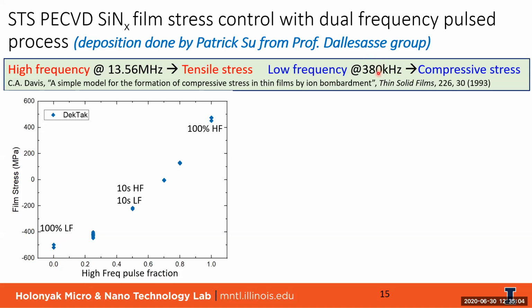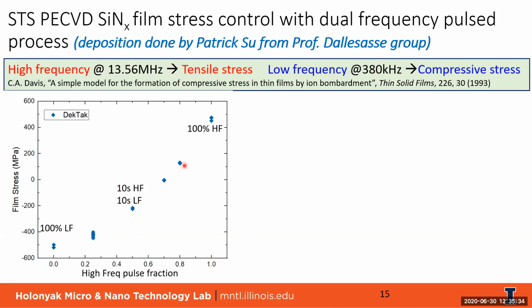The entire deposition was done with 380 kilohertz. For a high frequency pulse fraction of 1, it's all high frequency, so all the deposition was done with 13.56 megahertz. At 0.5 pulse fraction, it means 10 seconds of high frequency, followed by 10 seconds of low frequency, and then repeat. So the cycle is 20 seconds.